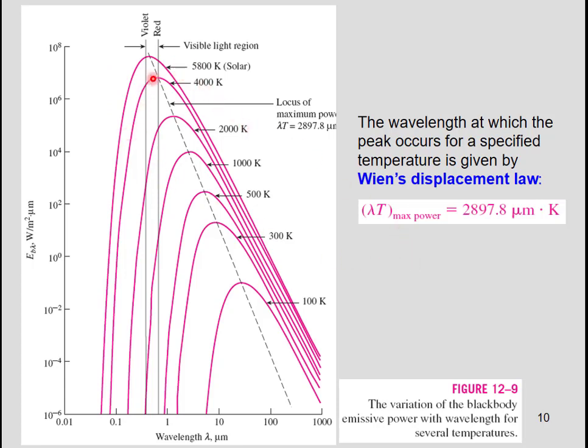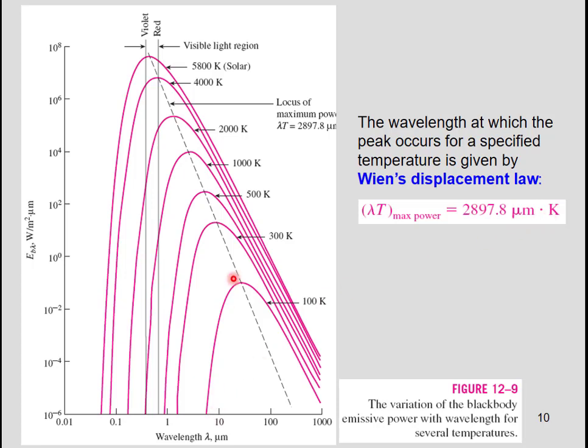And this maximum happens when lambda times T, the wavelength times the temperature of the surface of the object, is equal to this much, 2897 micrometer times Kelvin.